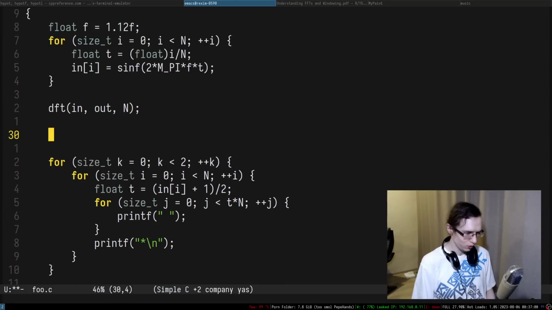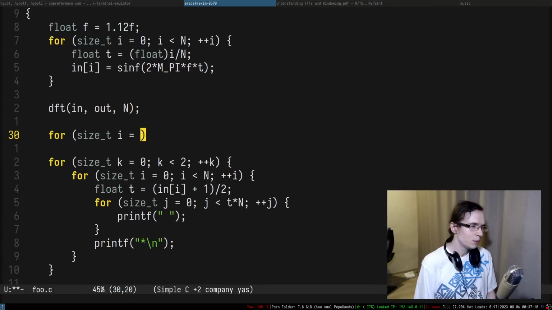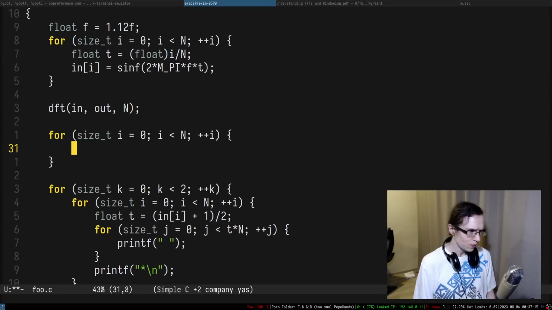How are we going to be outputting all of that? I suppose we're just going to use the magnitude of the complex number. Let's display it like this. We're going to iterate through all of these things, and we can use a similar trick. Let's just print a value first and see how it looks.